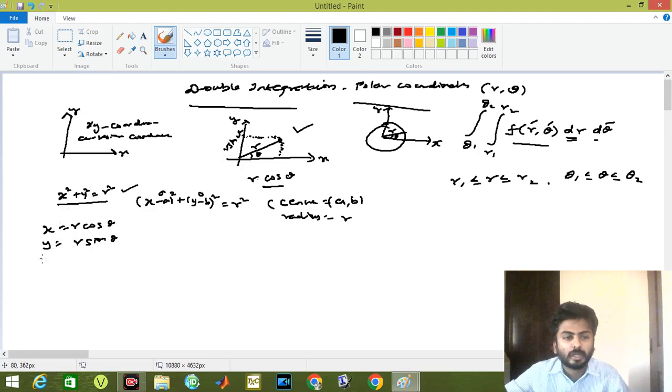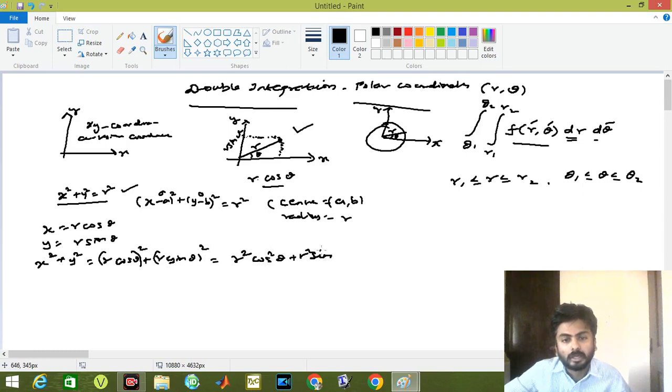So here you will have x square plus y square equal to r cos theta the whole square plus r sin theta the whole square, that is equal to r square cos square theta plus r square sin square theta, that is equal to r square of cos square theta plus sin square theta, that is equal to r square.